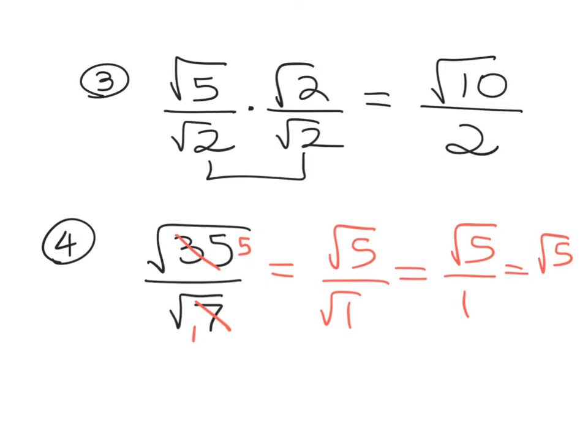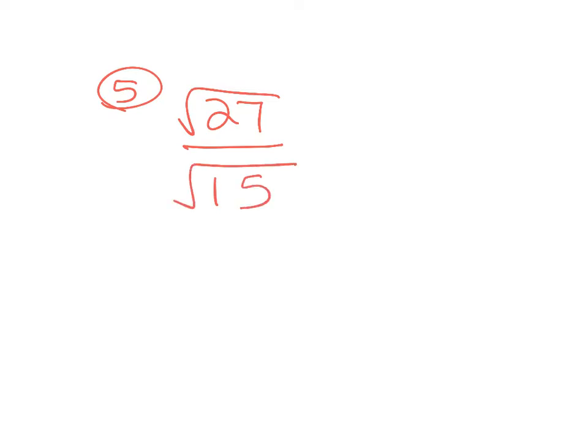Next one, number 5. Another one with radicals in a fraction. So the square root of 27 over the square root of 15. So again, you can simplify that fraction first because both numbers are under the square root.